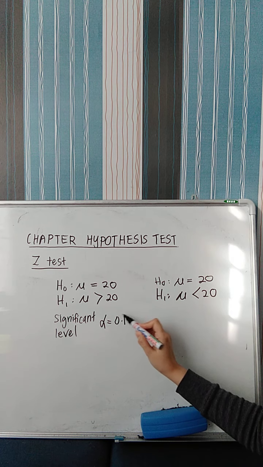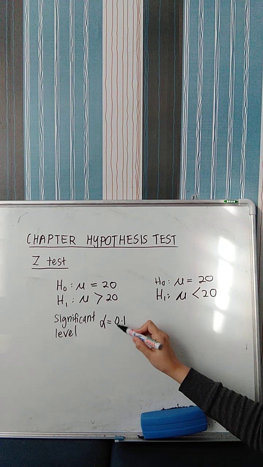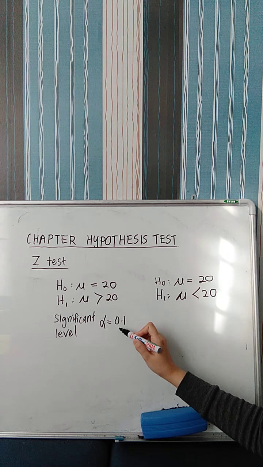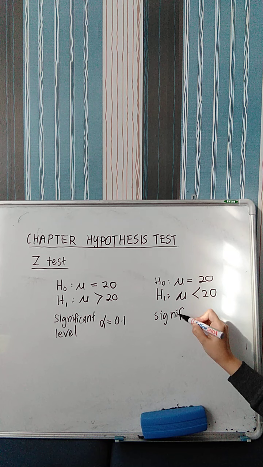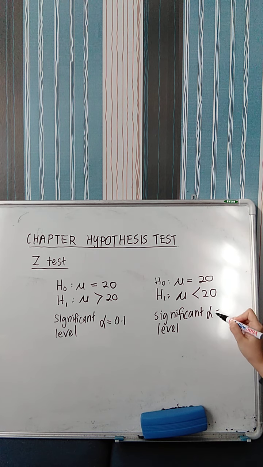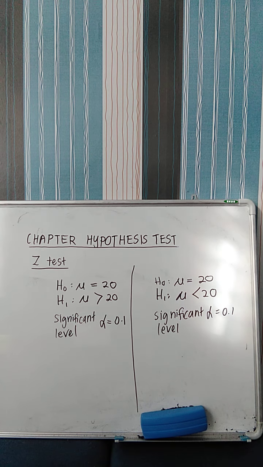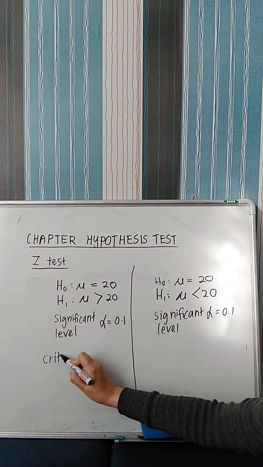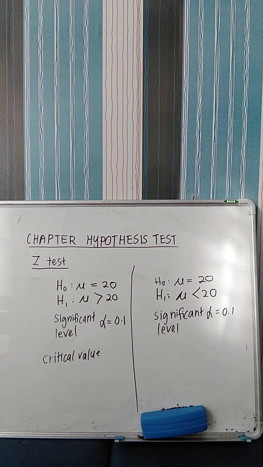This value can also be a different value. It is given in your question also. For example, the significance level alpha equal to 0.1. Then you must have the critical value. What is critical value?